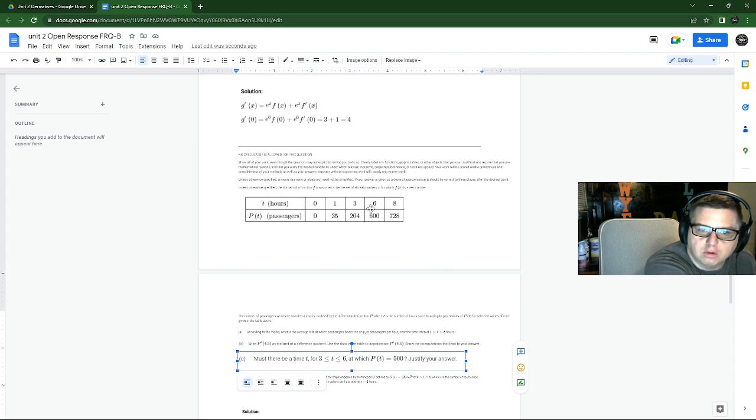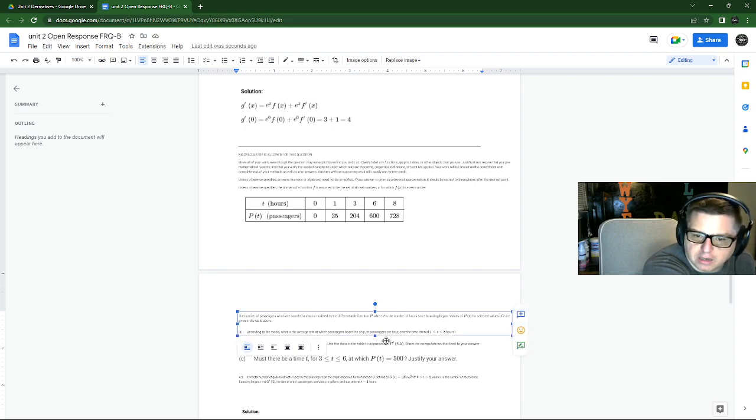So we have hours, and then we have passengers at those different hours. According to the model, what is the average rate at which passengers board the ship, in passengers per hour, over the interval from 1 to 8 hours?